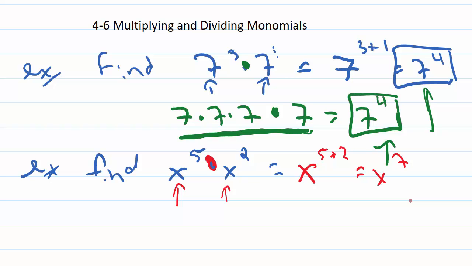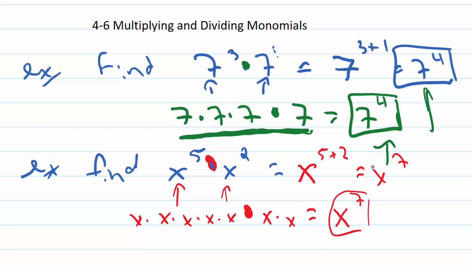Again, you can always check by saying, oh, well, this is 5 x's, 3, 4, 5, times 2 more x's multiplied together. And when all is said and done, that's just repeated multiplication of the base x, and that's 7 of them multiplied together, so I get the same solution.